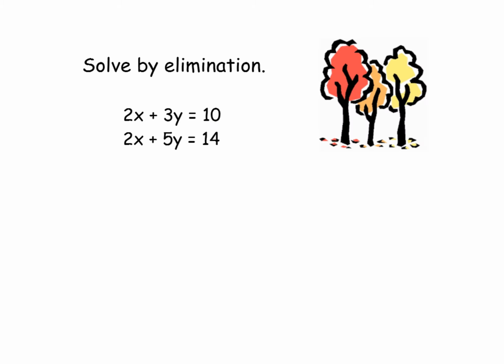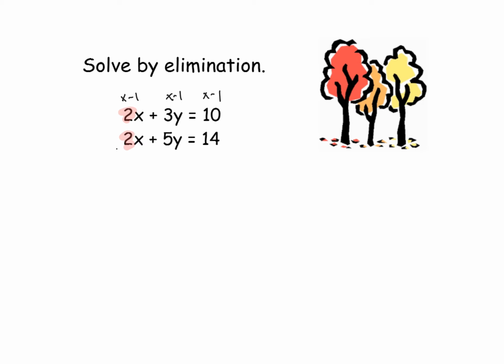Take a second and try to figure out what you should multiply one of these equations by so that the x's would eliminate. Hopefully you figured out that since the 2x and 2x already match up, you should just multiply one of them by -1.